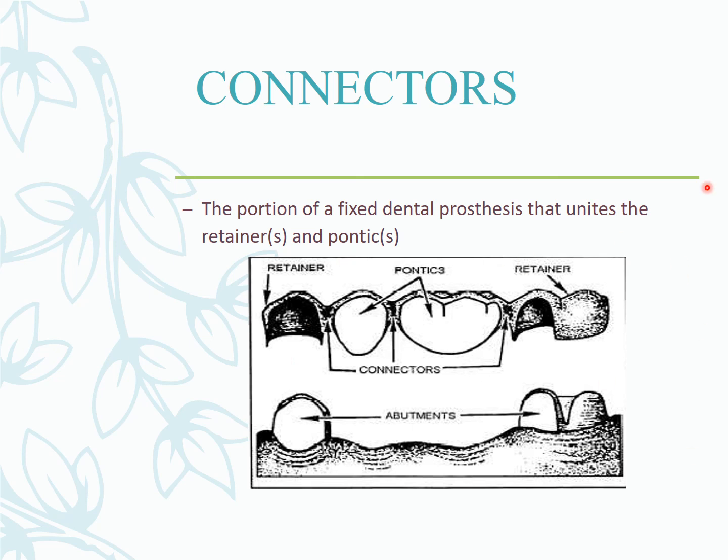bridge. All right, and then there are types of connectors, guys, which are rigid and non-rigid, and in rigid there are few examples, that is cast connector, welded connectors, loop connectors, right? So loop is the one which is commonly used.